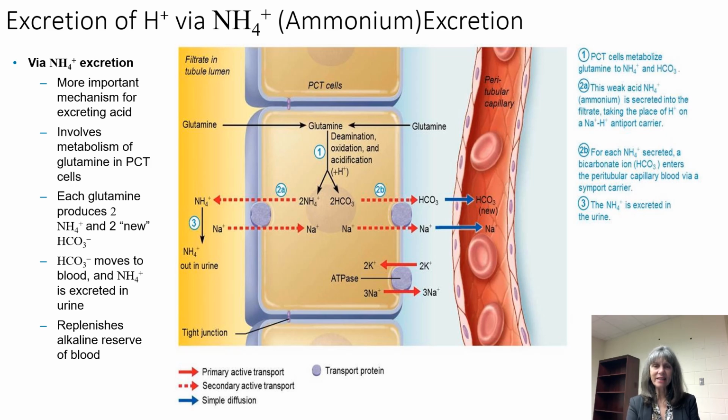So that helps maintain the electrical balance of the cell when bicarbonate and sodium are both going to be symported into the peritubular capillary. So that's how we move bicarbonate into the blood. That's how we excrete ammonium in urine. And by getting bicarbonate into the blood, that helps replenish the reserve of bicarbonate in the bloodstream. We need to have an alkaline reserve in the bloodstream.